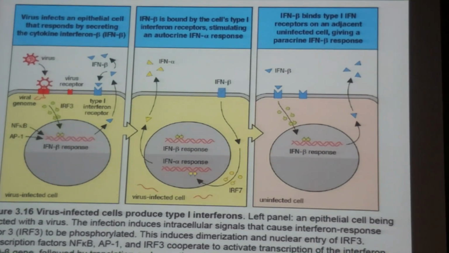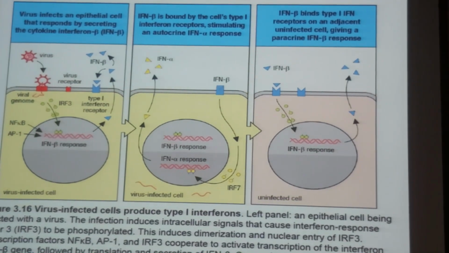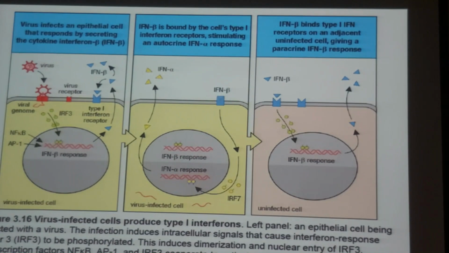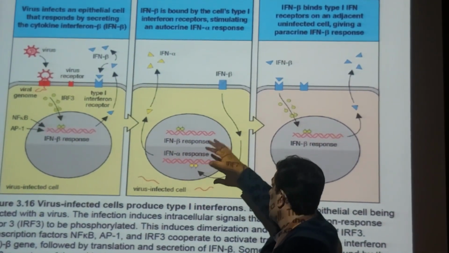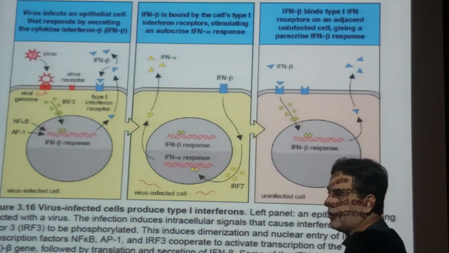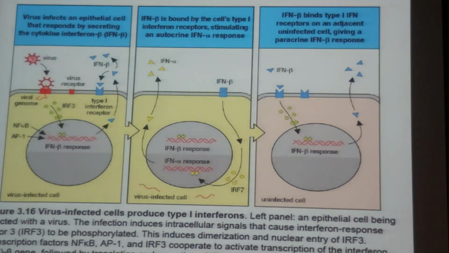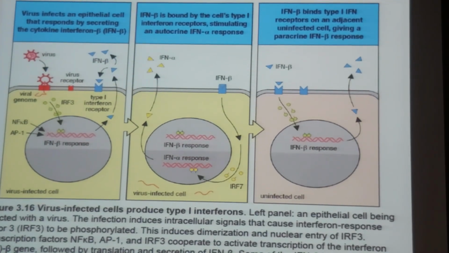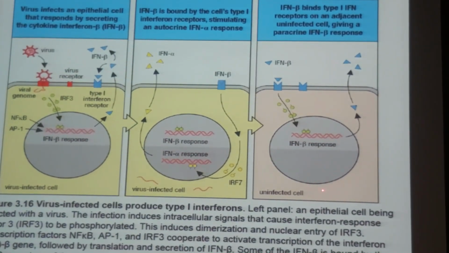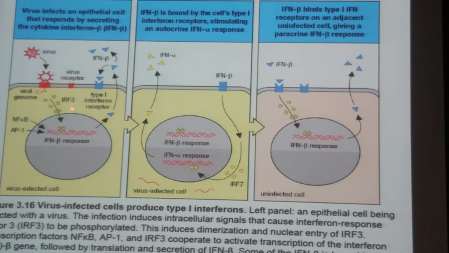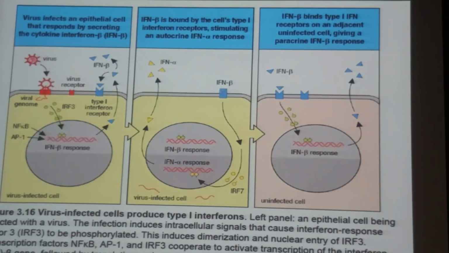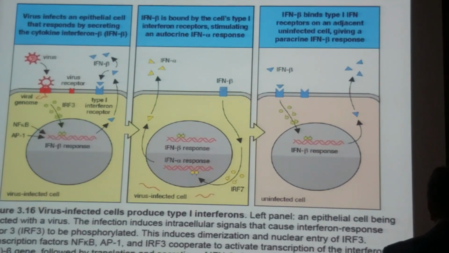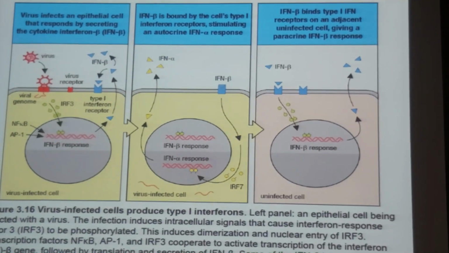So if there are other uninfected cells in the surroundings which need activation or an interferon response, then this interferon beta can act not only on the same cell but also on different cells in the surroundings, in order to activate them and start the production of interferon beta. Okay, so the mechanism is the same. Via interferon response factor 3, this particular objective can be achieved by interferon.